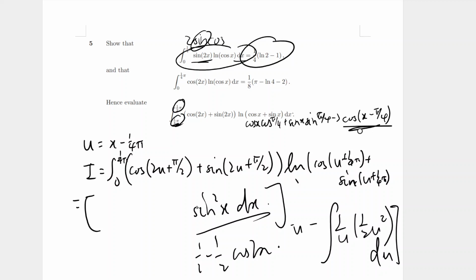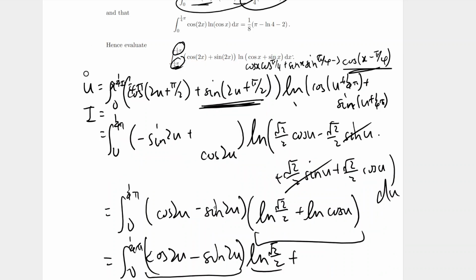Then what's the first part? The first part is cos 2u minus sine 2u, and multiply that by ln root 2 over 2. That's just a constant, no one cares. And you know how to do this. This is just linear trigonometric functions. Okay, plus what is the second bit?